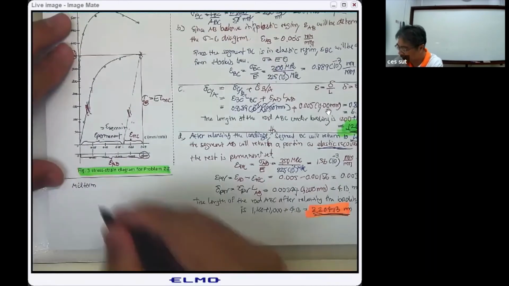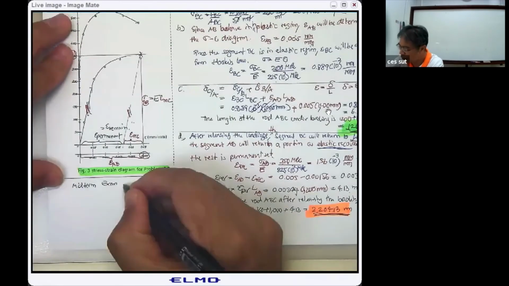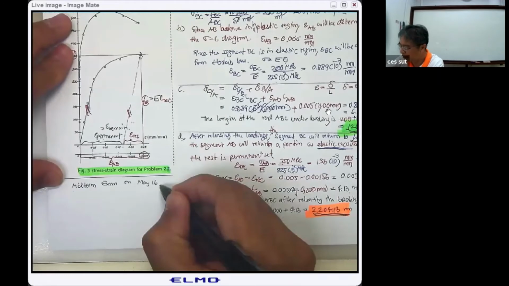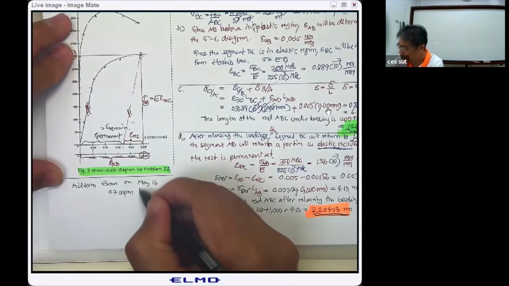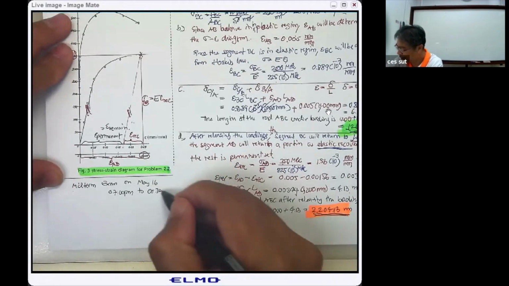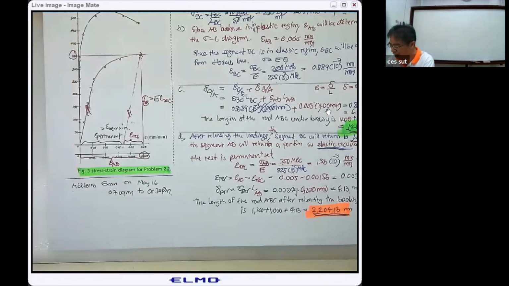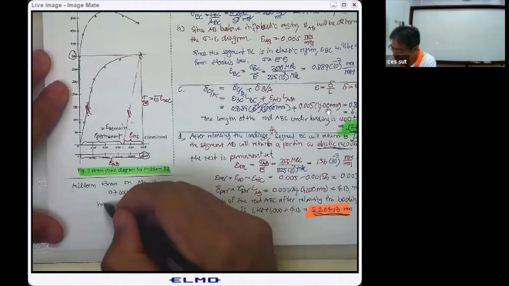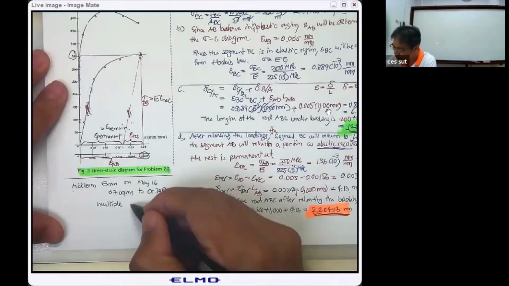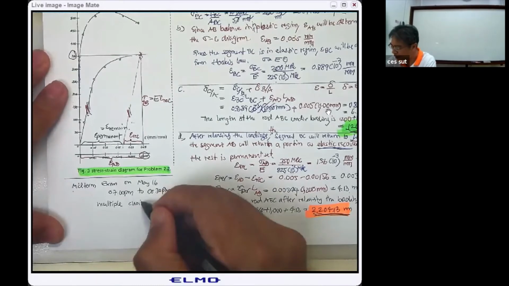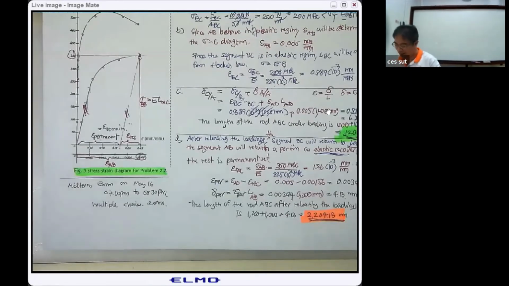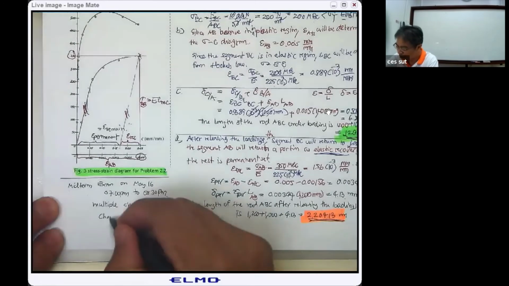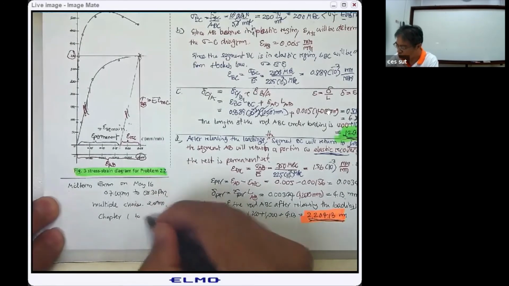The midterm exam will be on May 16th, and the time is supposed to be 07:00 p.m. till 08:30 p.m. Okay, and it's going to be a multiple choice exam, with choices like A, B, C, D. You select the proper one, and it's going to cover chapter 1 to chapter 4.